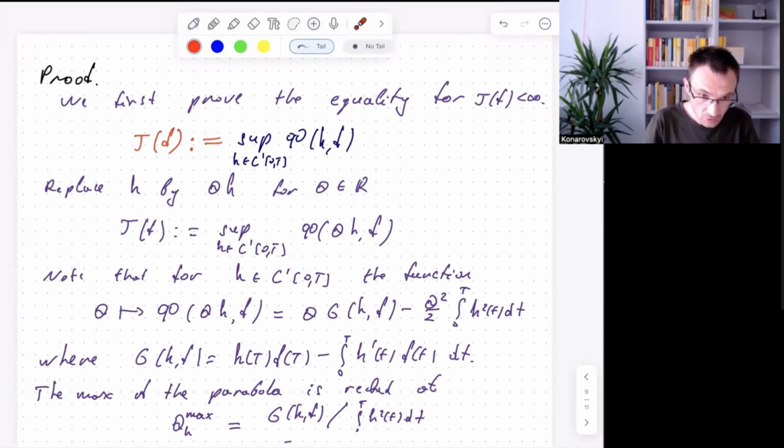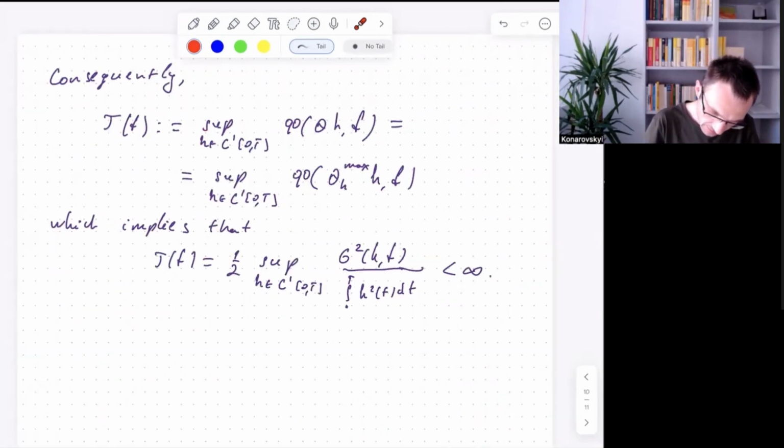So therefore, you have that it is linear with respect to h. So then what you see here is your functional square divided by the norm square. And then you take the supremum. And this is the norm of the linear function. Therefore, we can play around this formula to use some known facts from functional analysis. But actually, from now, it should be clear in which direction we have to move.